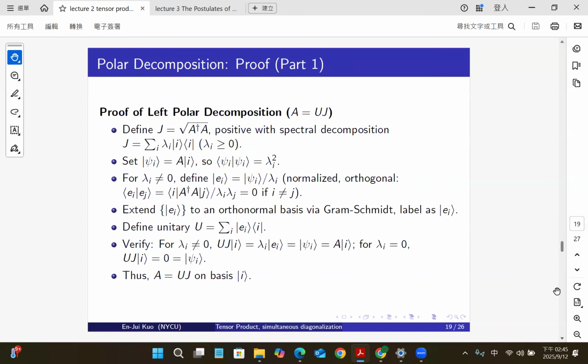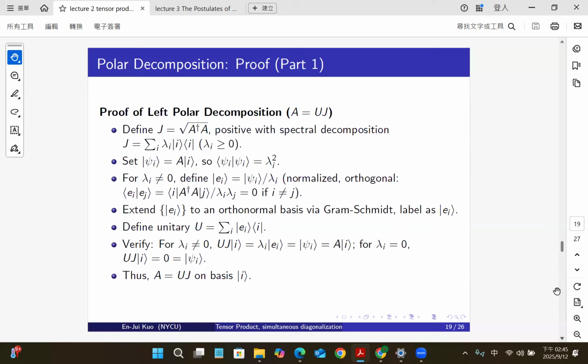Okay, so this is quick. The proof is a little bit complicated, but here it is. We want to write A as a unitary times a positive matrix.